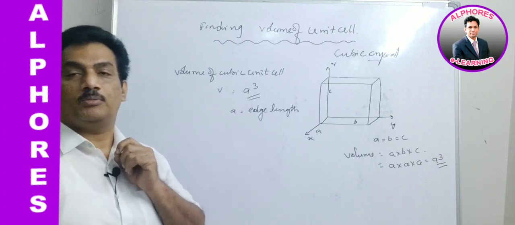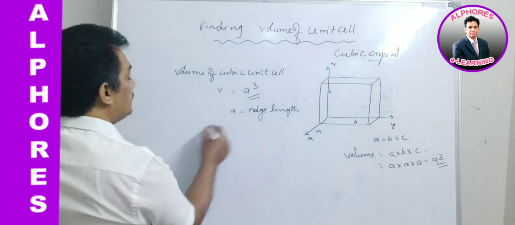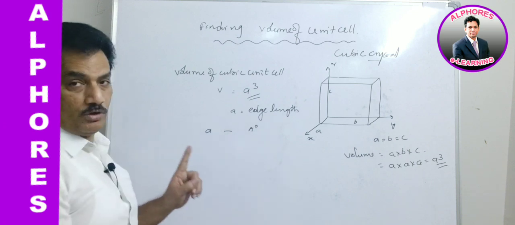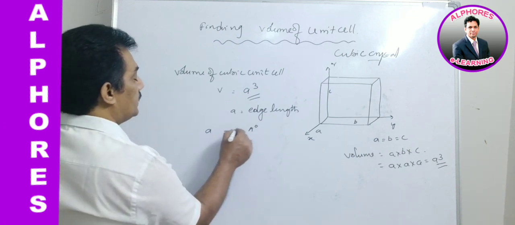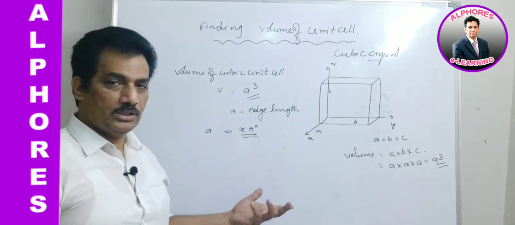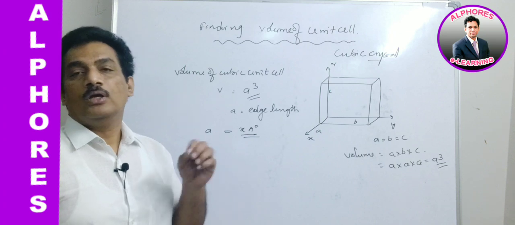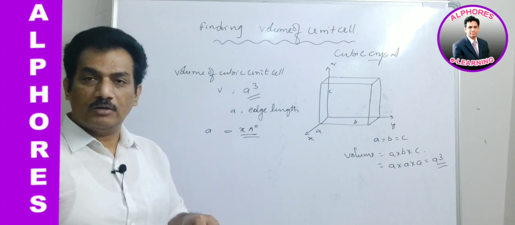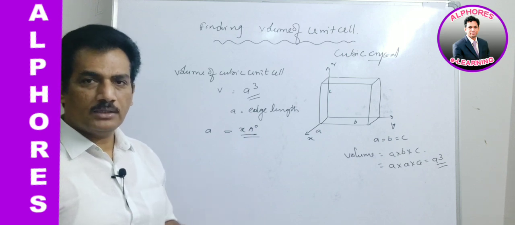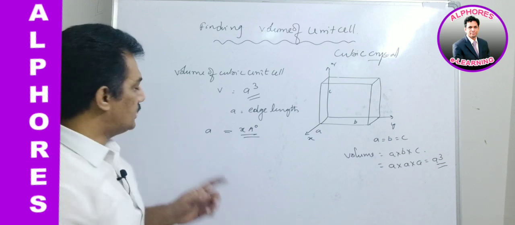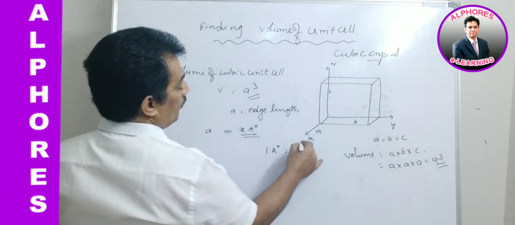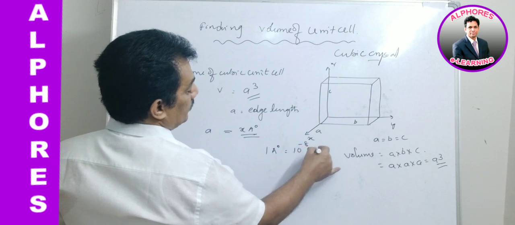But the concept we have to learn here is that edge length is always given. a is given in angstrom units. Just remember, say for example, edge length is X angstrom units. We should not directly consider it in angstrom units. We have to convert it into meter cube, or into centimeters, because our regular practice is with centimeters or meters. And already we know 1 angstrom unit is equal to 10 to the power of minus 8 centimeters.